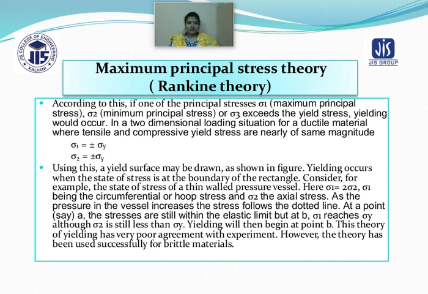Now, in this next slide we are going to discuss the maximum principal stress theory, which is also known as Rankine theory. As I have already told you, it is also known as Rankine theory.